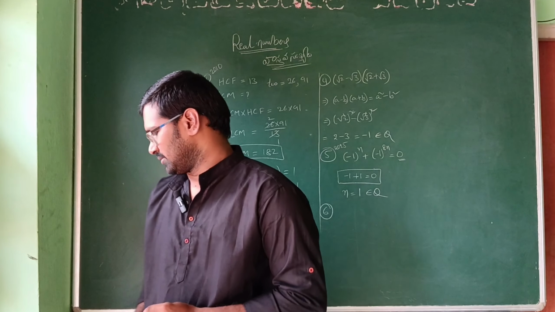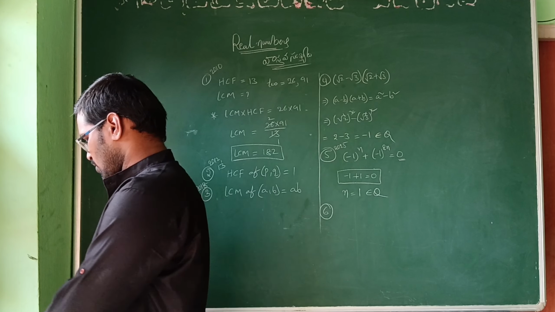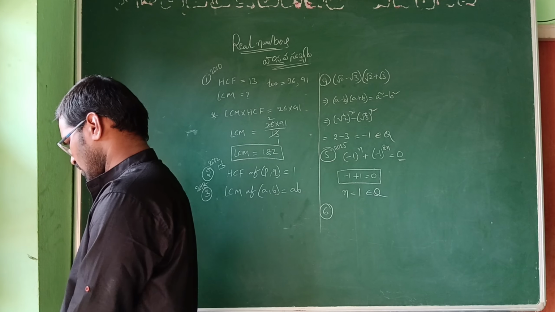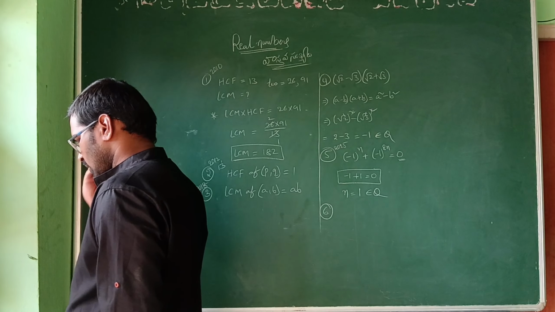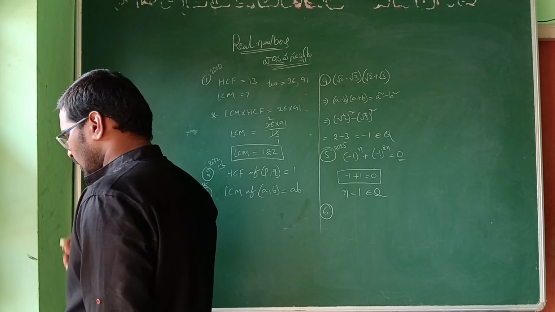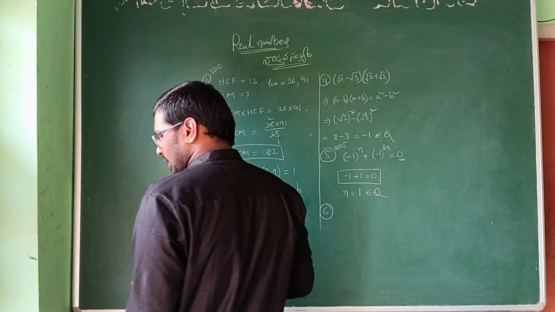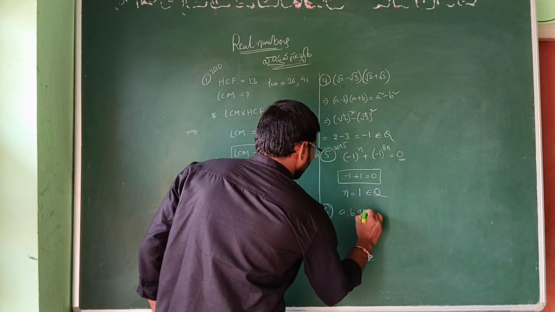Next, the sixth question. In 2022 they gave: A and B are two co-primes. What about A cube and B cube?